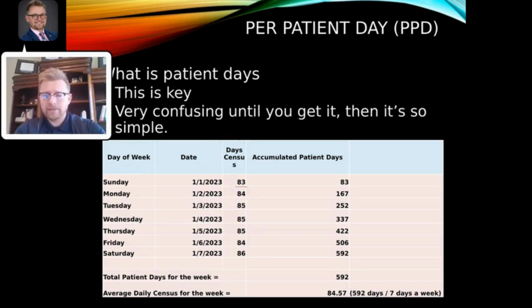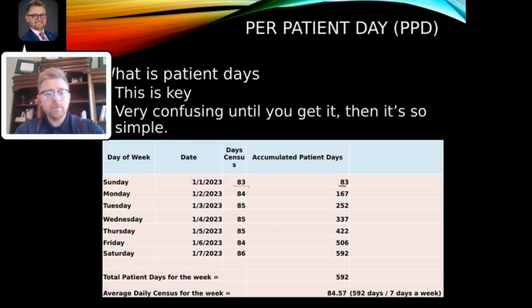How many heads do you have in your beds? If you are a 100-bed nursing home on Sunday, the first day of that period, you have 83 heads in the bed. So as of midnight on that first day, you have 83 patient days.